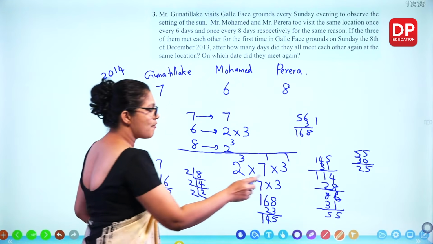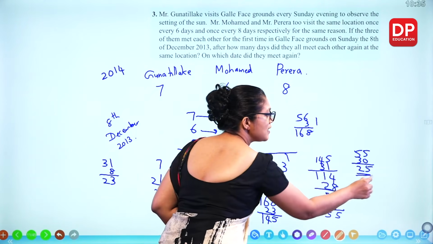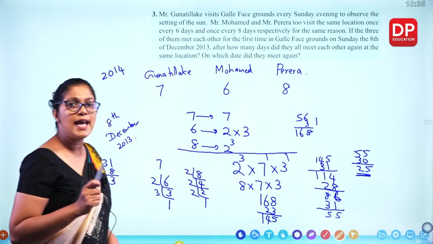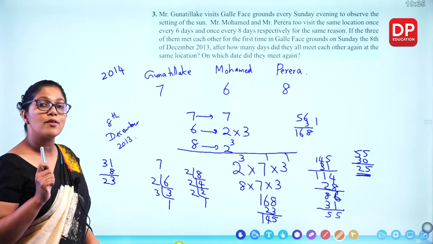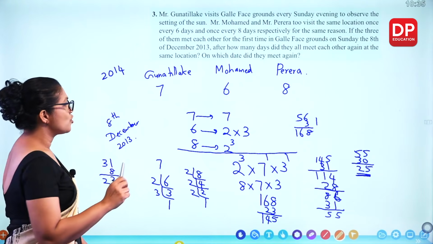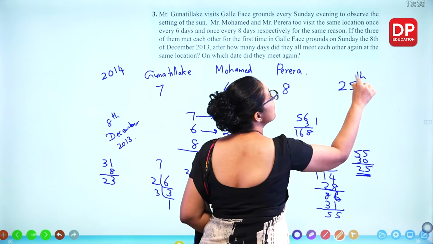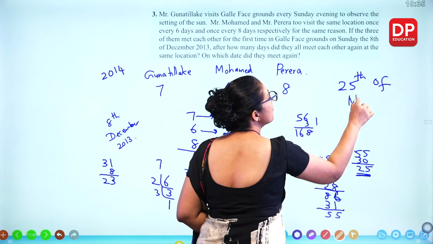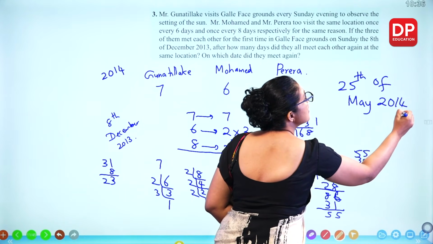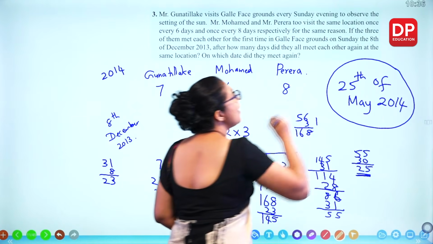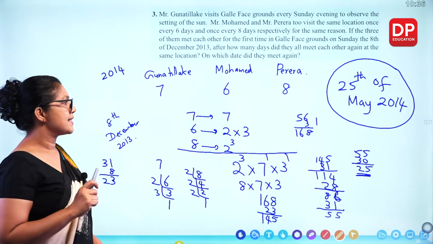So here from April 30th, 25 days means May 25th. So what's the day they are going to meet again? 25th of May 2014, all are meeting again at the same place.